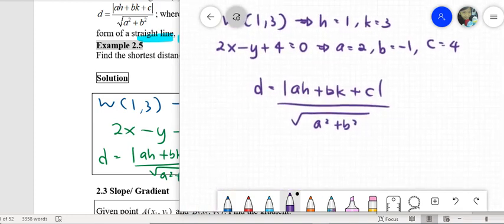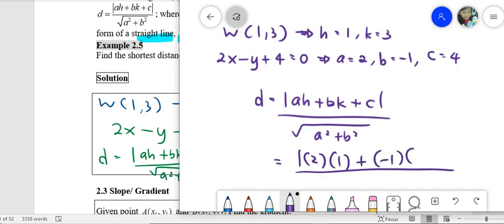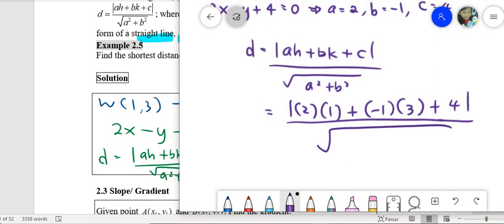So obviously you have h, k, a, b, and c. Just substitute in. Your a is 2, your h is 1, your b is -1, your k is 3, your c is 4.